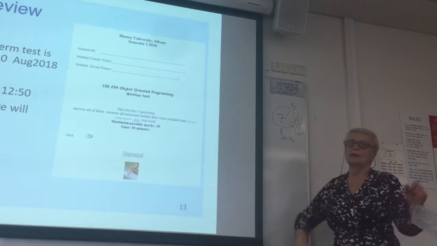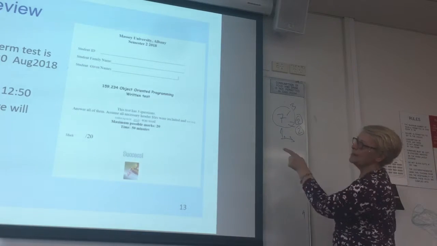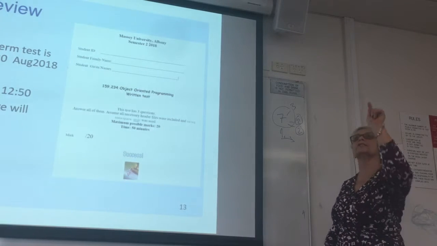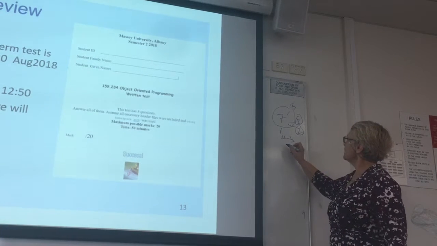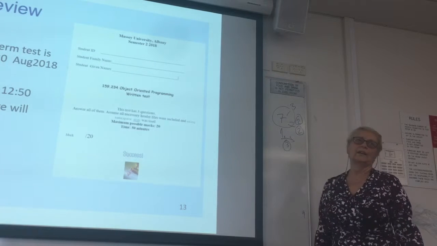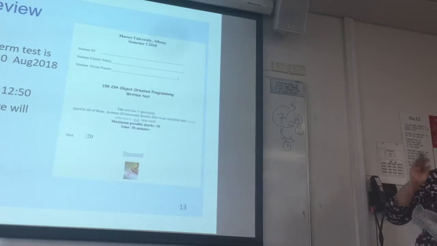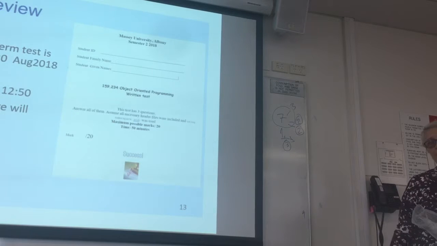1 mark is to write how many marks of 20 you think you will get for this test. And the error margin is 3 marks. If you are wrong by 3 marks, you will still get 1 mark for your answer.